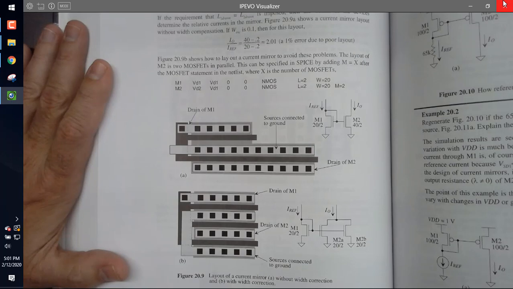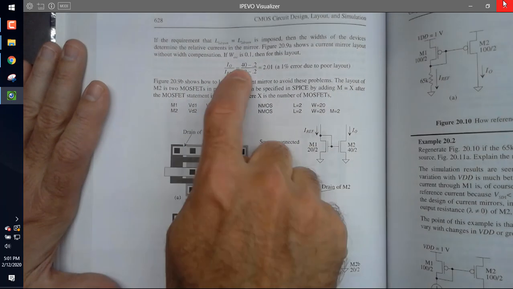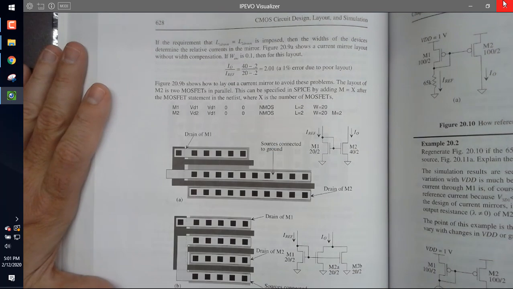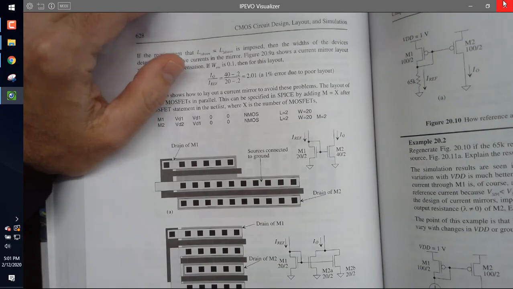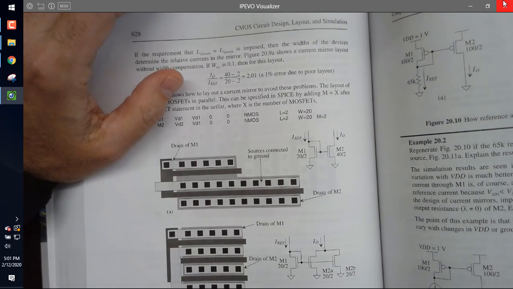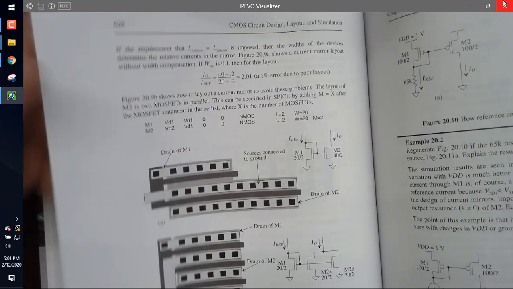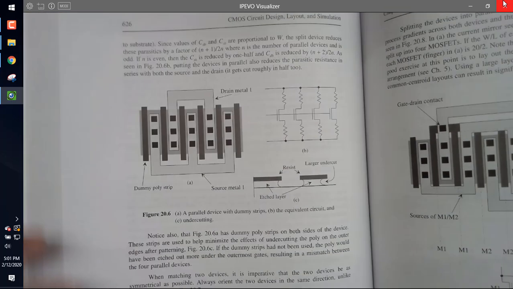So now the next question is, and this is just showing a change in the sizes, how do the threshold voltage, the transconductance parameter, and the output resistance, which we've kind of already covered, affect things?